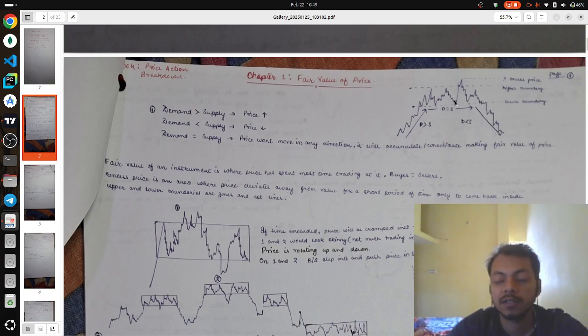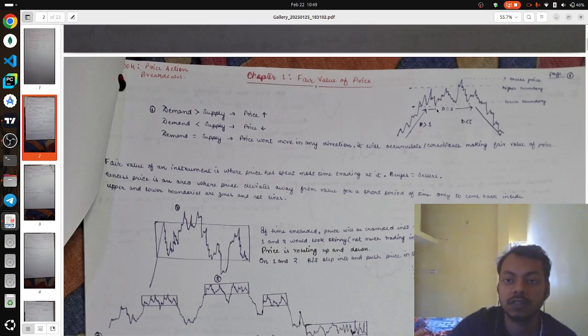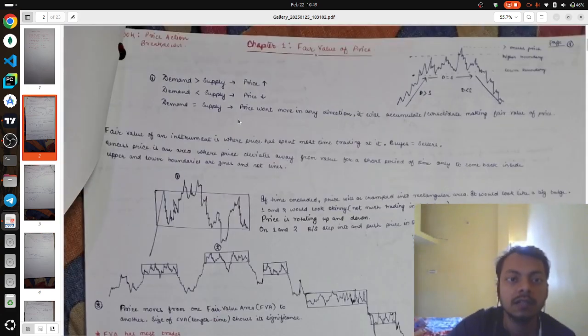The way supply and demand varies for an instrument creates a chart, and this creates several patterns on the charts. When demand is greater than supply, the price increases. When demand is less than supply, price decreases. And when they both are in line, price won't go anywhere.